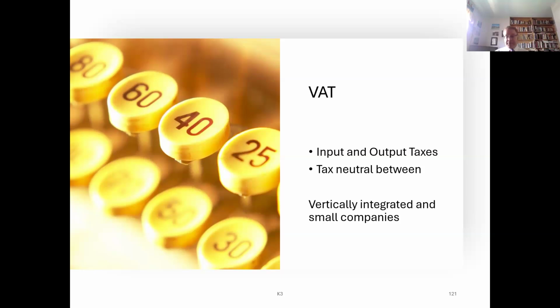The idea of input and output VAT is that both of them should be on a similar basis. Otherwise, if you paid 20% on 20% on 20%, the more companies you have in the process, the more VAT there would be, and that would not be tax neutral.